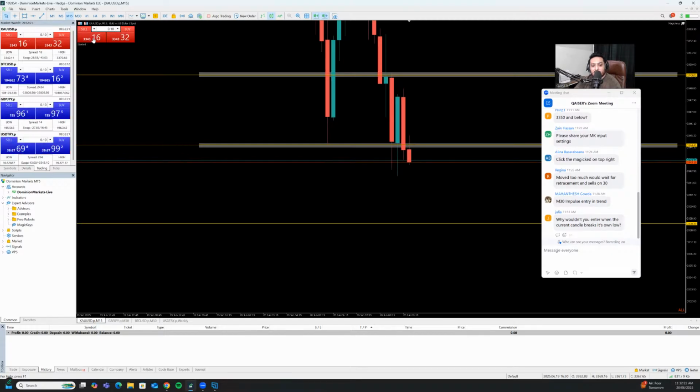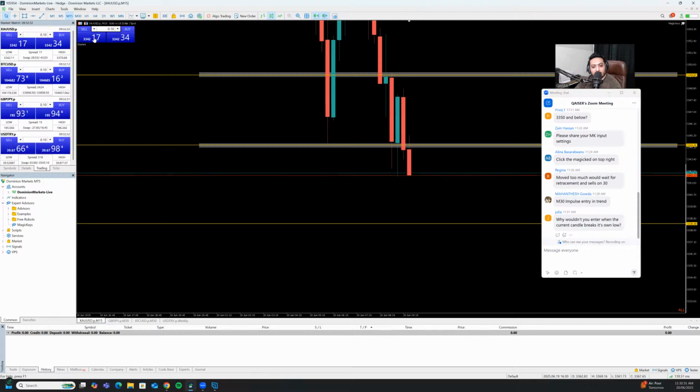So just waiting. It's pushing to the downside. I'm just waiting right now. Okay, coming down, coming down, coming down. Okay, all I need to see that. Okay, here we go. It just broke the low of the previous candle. It was a part of my plan.